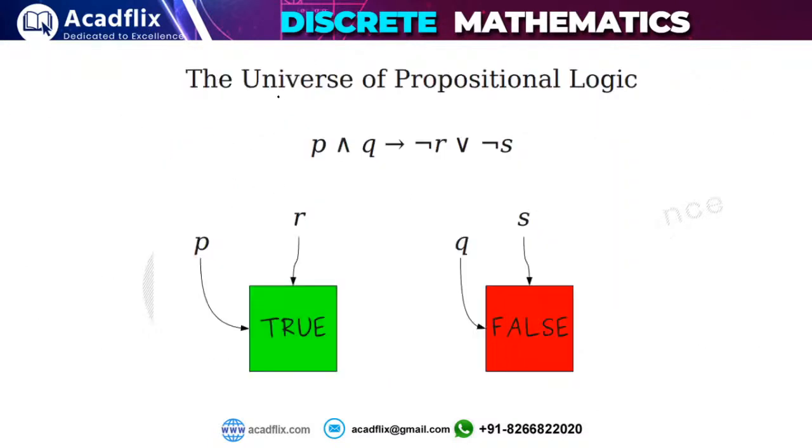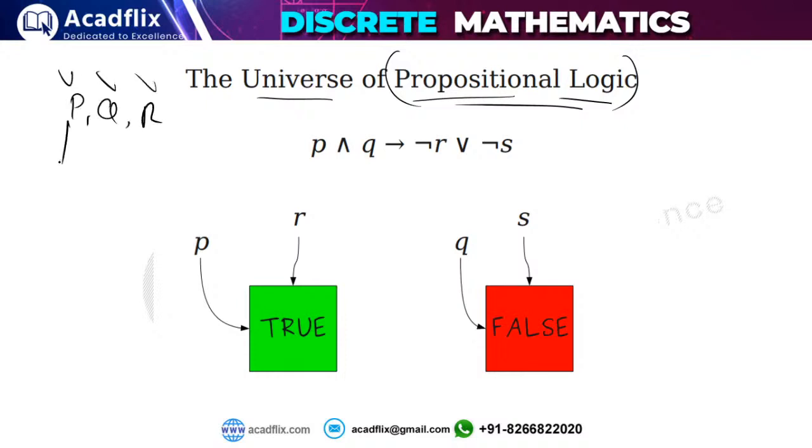Now remember the difference; let me just go through all these slides, because I have already discussed them. I told you in the beginning of the class that in propositional logic we have propositions P, Q, R, and each proposition can either take true or false. This is the universe of a proposition.